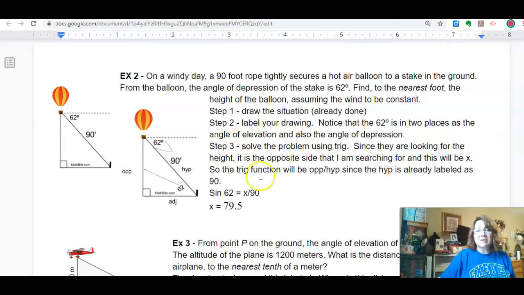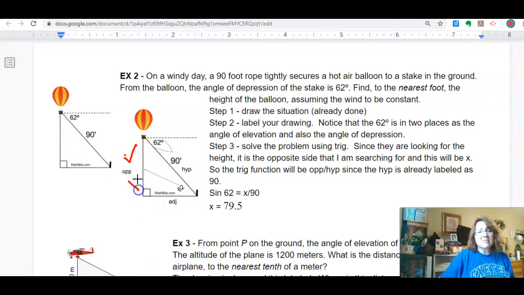Okay, so I explained that right there in step 2. Solve the problem using trig. Well, what do they want to know? They want to know the height of the balloon. Well, where's the height of the balloon? Right here. I've drawn that kind of bad, but here's the height of the balloon. So I'm looking for this, right?